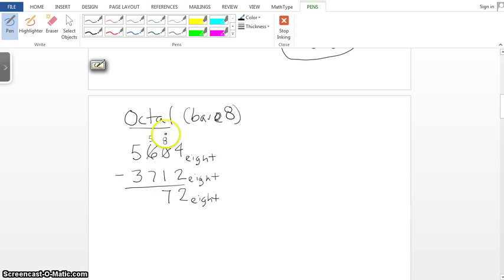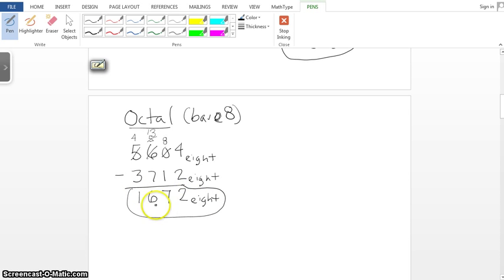It's okay to have 8s or something larger than your base up here, because in base 10, you can have 10s, 11s, and 12s and everything up here. Alright, can't take 7 away from 5, so let's go to this 5, borrow. Take 1 from it. But what you borrowed was one of your bases, which is 8, which you add to the 5, and now that's a 13. 13 minus 7 is a 6. 4 minus 3 is a 1, and this is your answer.